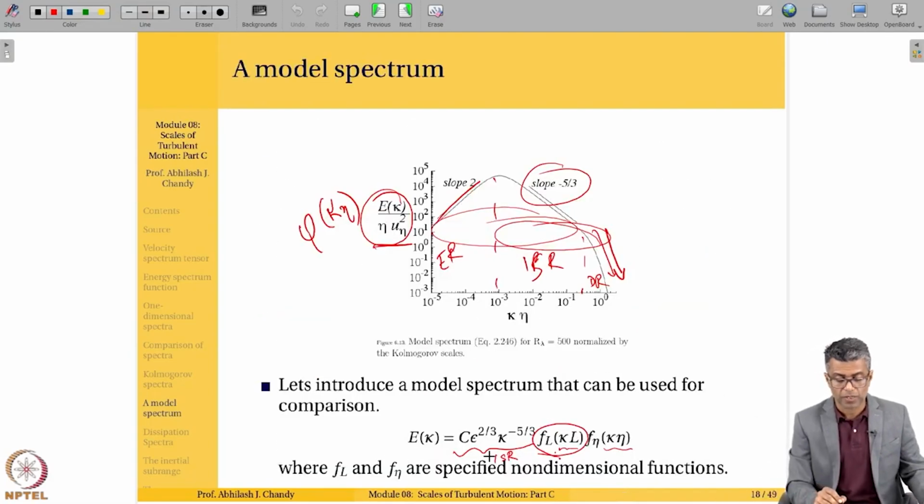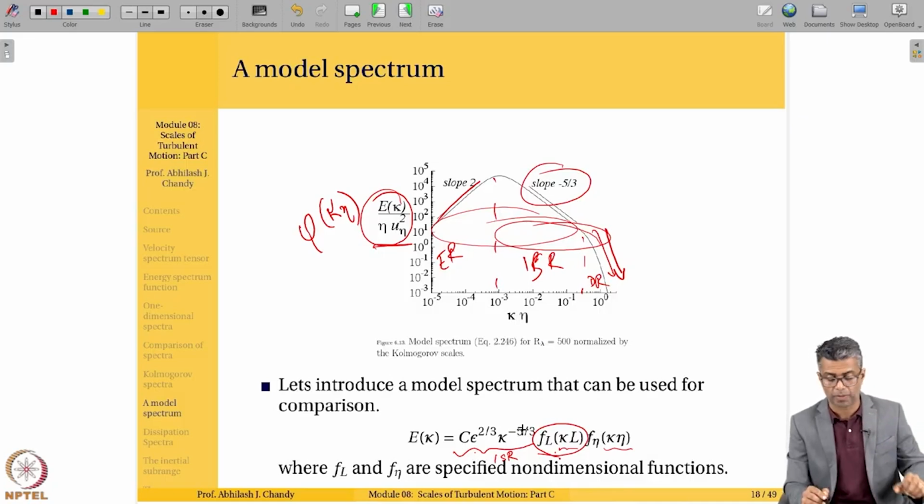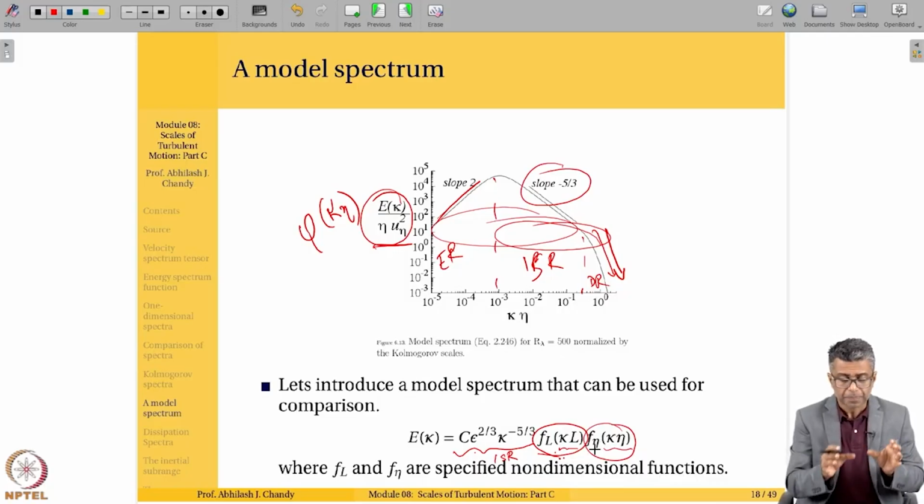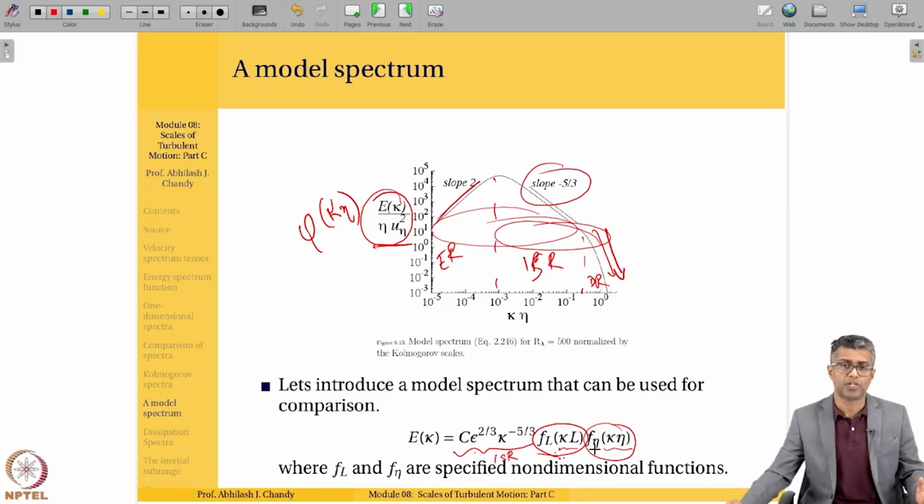If you remember, this is your model spectrum shown here. This here, epsilon to the 2/3, kappa to the minus 5/3, is for the inertial subrange. This is for the energy containing range, and this is for the dissipation range. So you have three functions for three different ranges in your energy spectra. That's essentially what you're doing, isn't it?